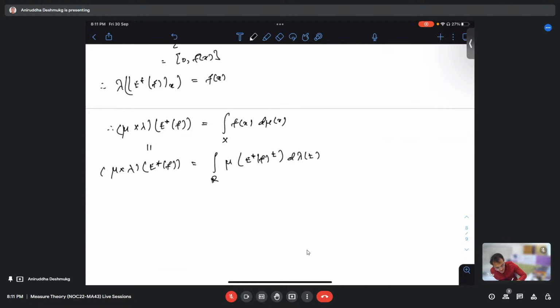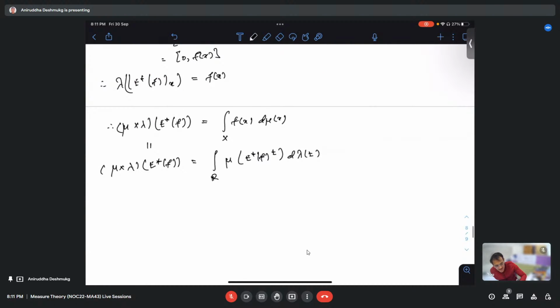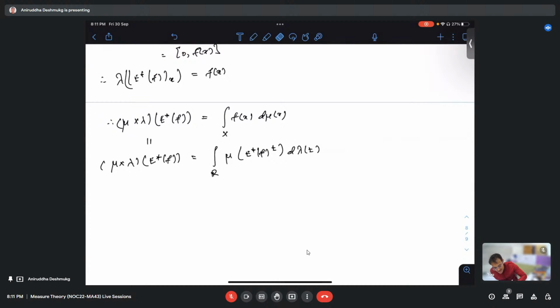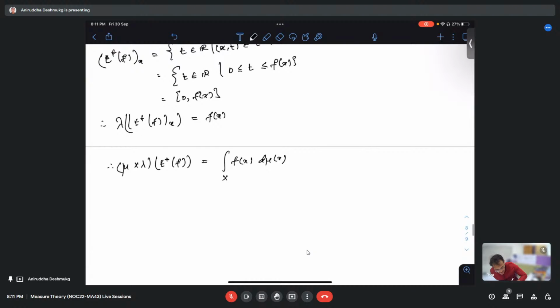Although it is not easy to see, anyway, let us not write it. It's unnecessarily time consuming. What one can check is, what about this lower star? E lower star f.